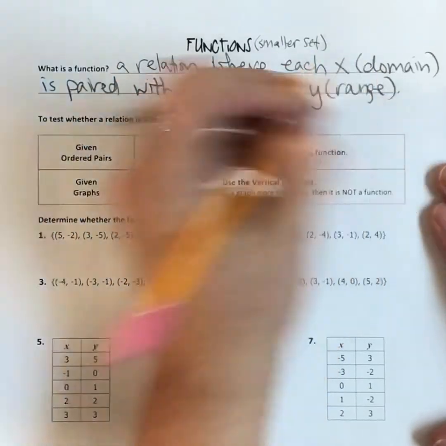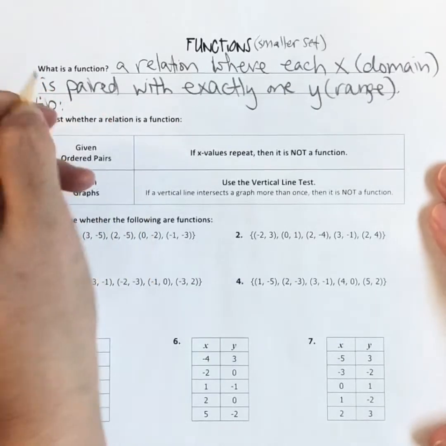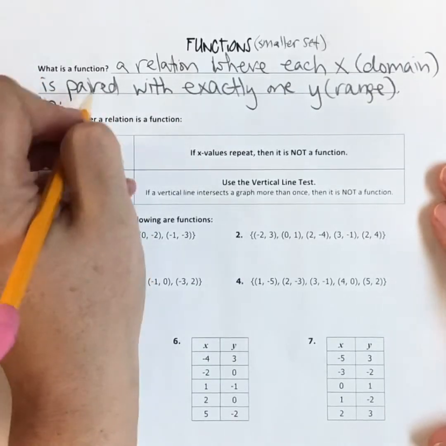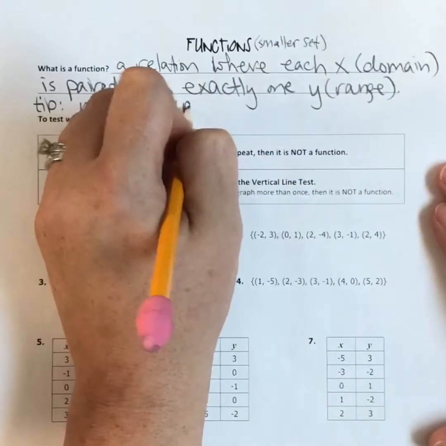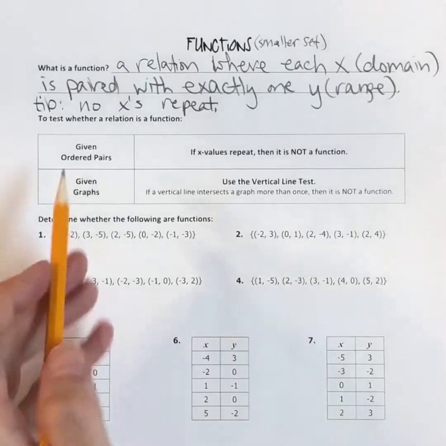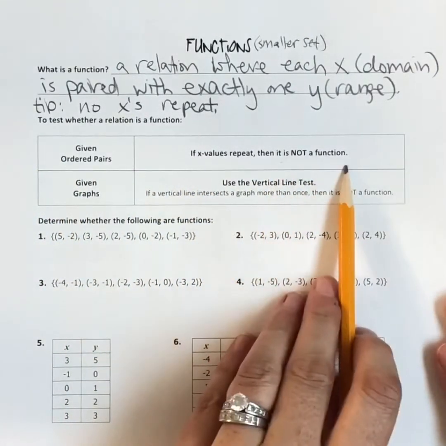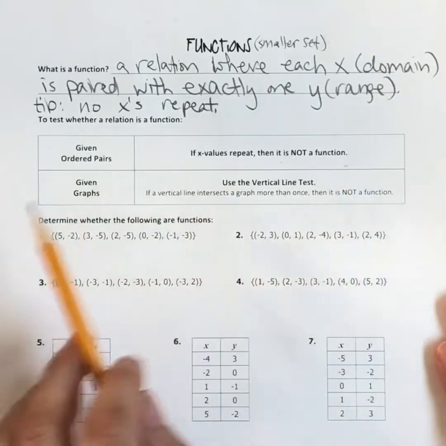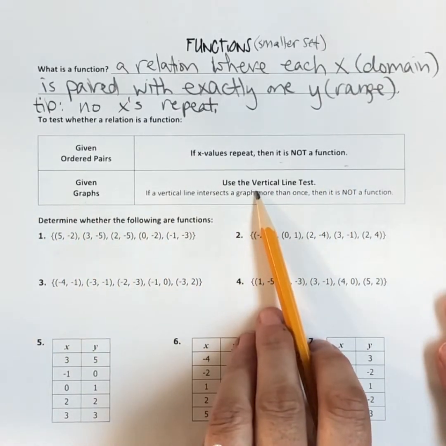Okay, my little tip is basically you don't want any of the x's to repeat. So basically, no x's repeat. In other words, if you're given ordered pairs, if the x's repeat, then it's not a function. If you're given a graph, we're going to use the vertical line test.